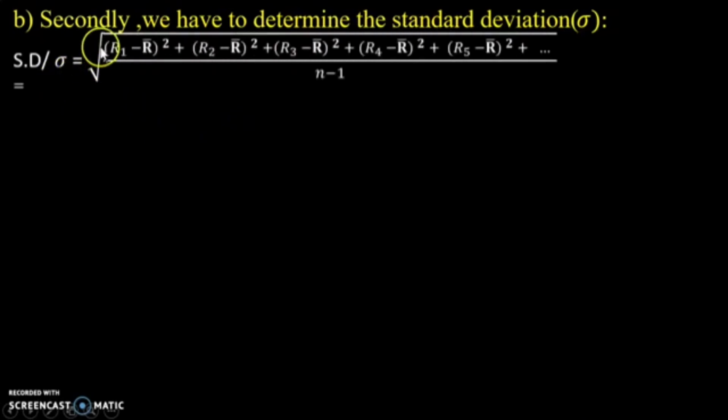Secondly, we have to determine the standard deviation. Standard deviation equals root over R1 minus R bar whole square plus R2 minus R bar whole square plus R3 minus R bar whole square plus R4 minus R bar whole square plus R5 minus R bar whole square, divided by n minus 1.